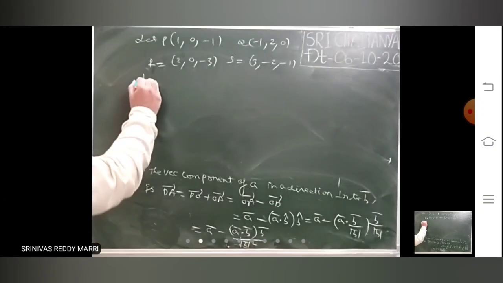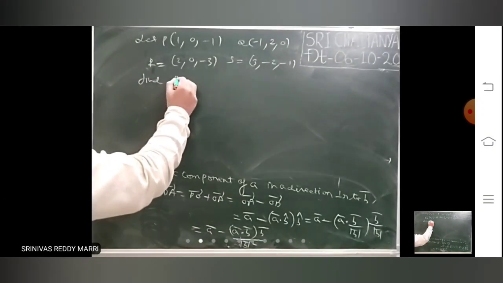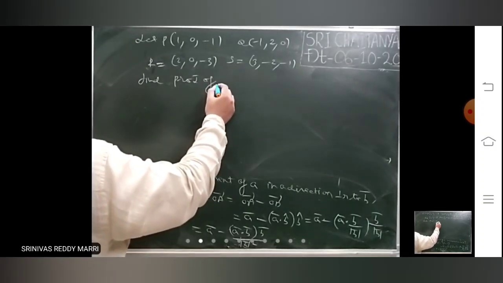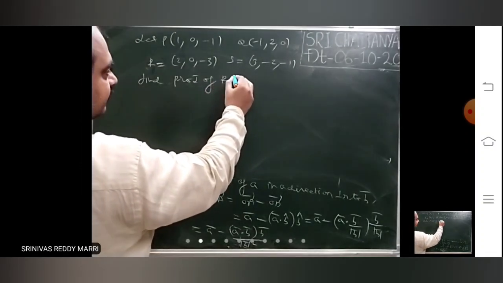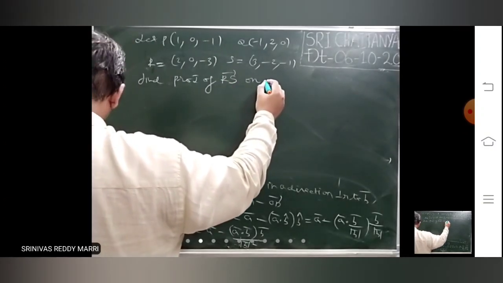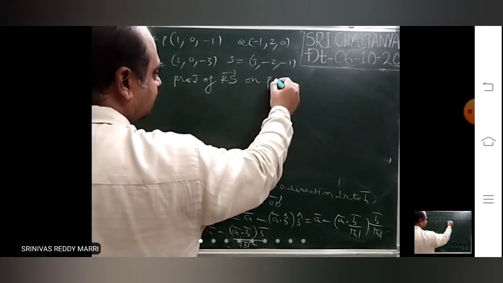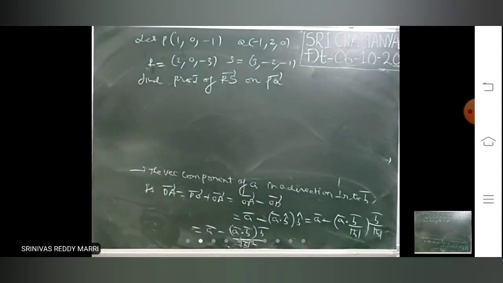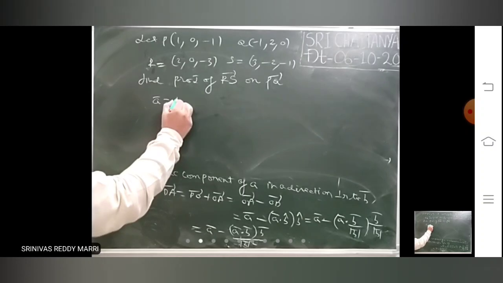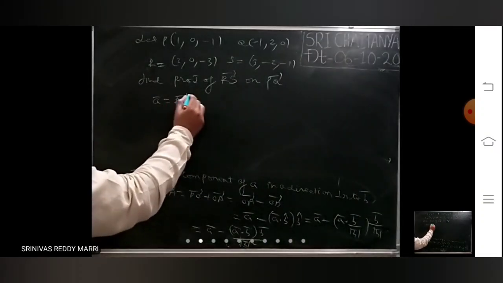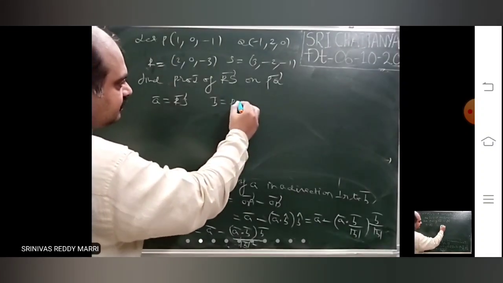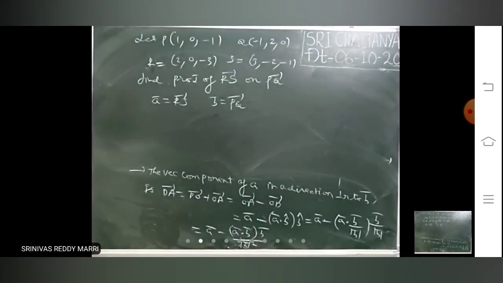Right? So he is asking: find the projection of RS bar on PQ bar. Projection of this vector on this vector. You take A equal to RS bar, B equal to PQ bar, like this.